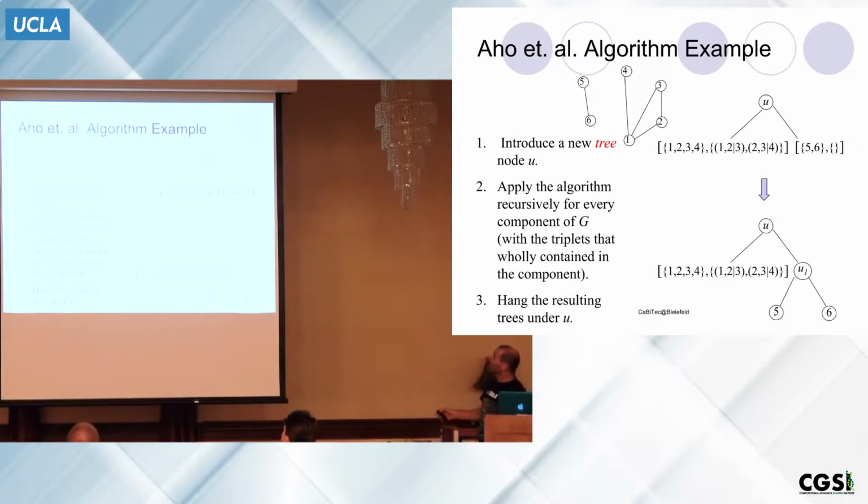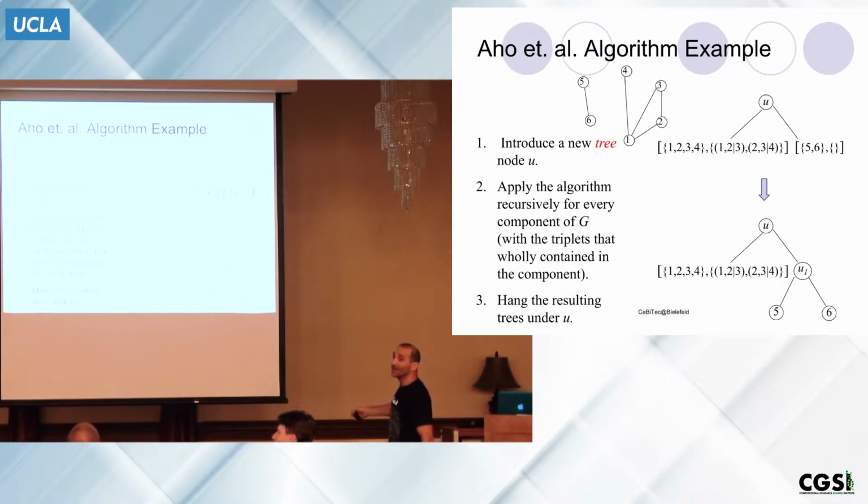So 5 and 6, no information. Yes, Dave? Quick question. On the previous slide, you had more triplets. Where did those end up? They were not contained in every component. These are exactly the triplets that gave me this partition. They partitioned 5 and 6 from 1, 2, 3, 4.